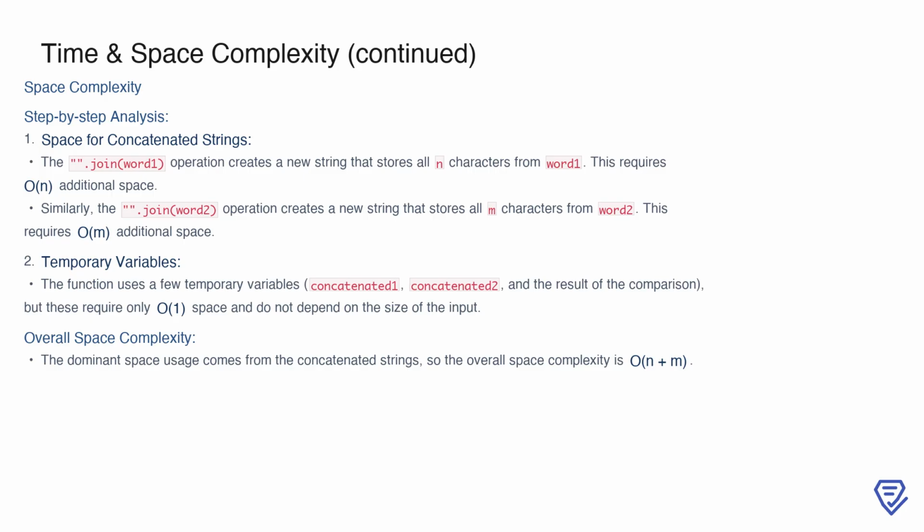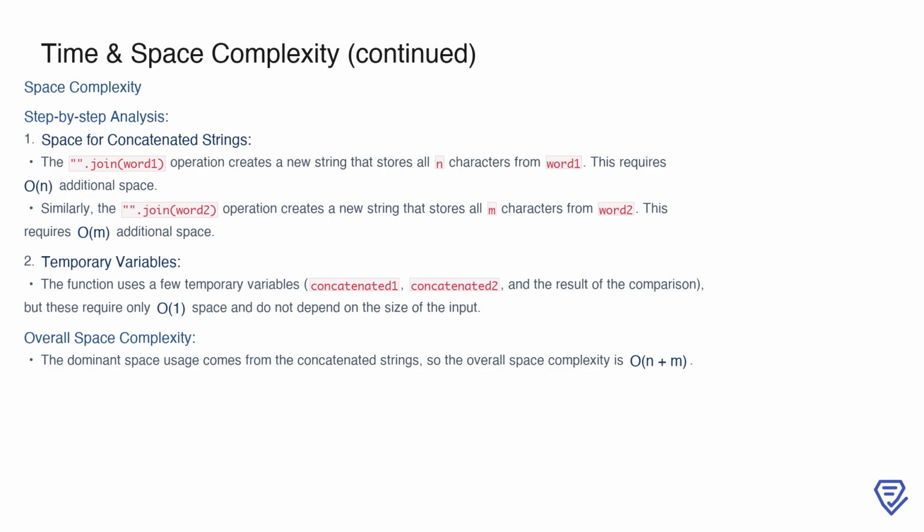Now turning to space complexity, let's analyze the memory usage step by step. First, consider the space required for the concatenated strings. When we execute join(word1), a new string is created to store all n characters of word1. This operation requires O(n) additional space. Similarly, for word2, the join(word2) operation creates a new string that holds all m characters, requiring O(m) space.